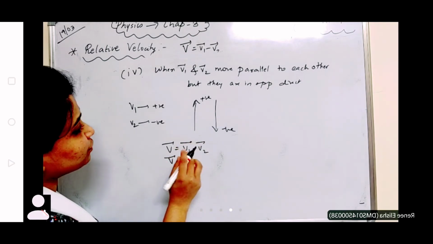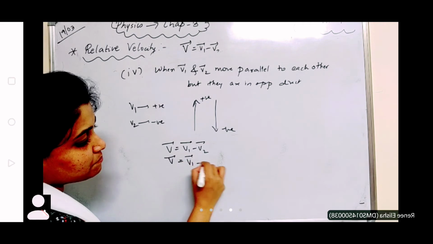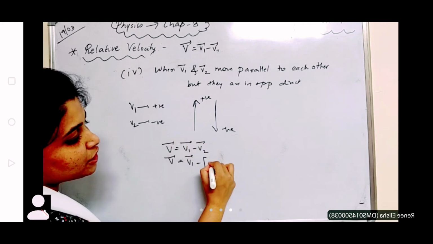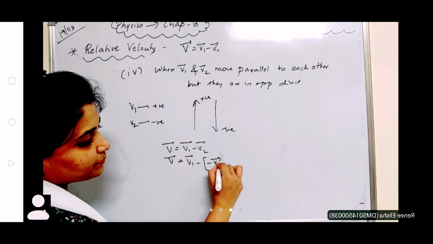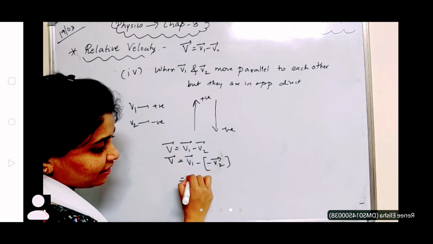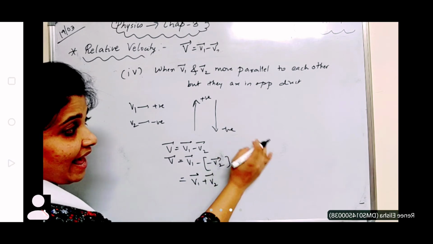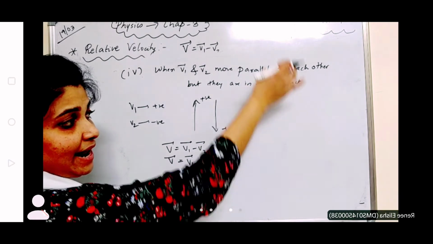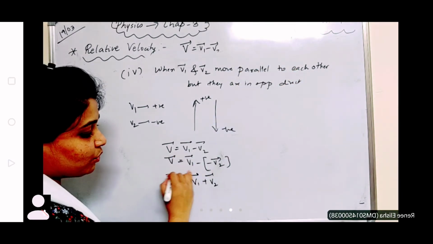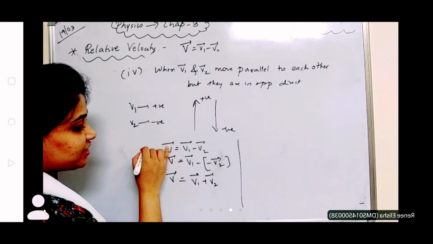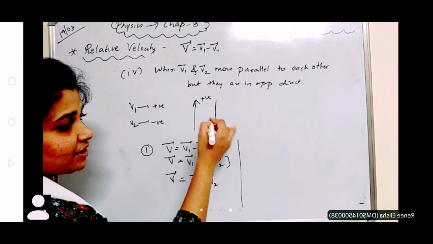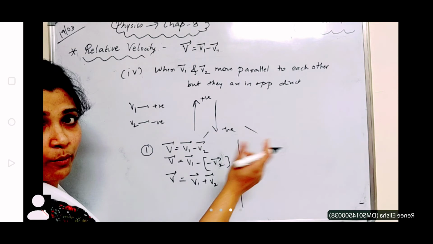So V is equal to V1, which is positive, minus of V2, which is negative, so minus of V2. So this will become V1 minus into minus plus V2. That means it will add up, whatever distance it is going, it will add up. That means it will go a little more ahead. This is the first case, when they are parallel and have opposite signs.